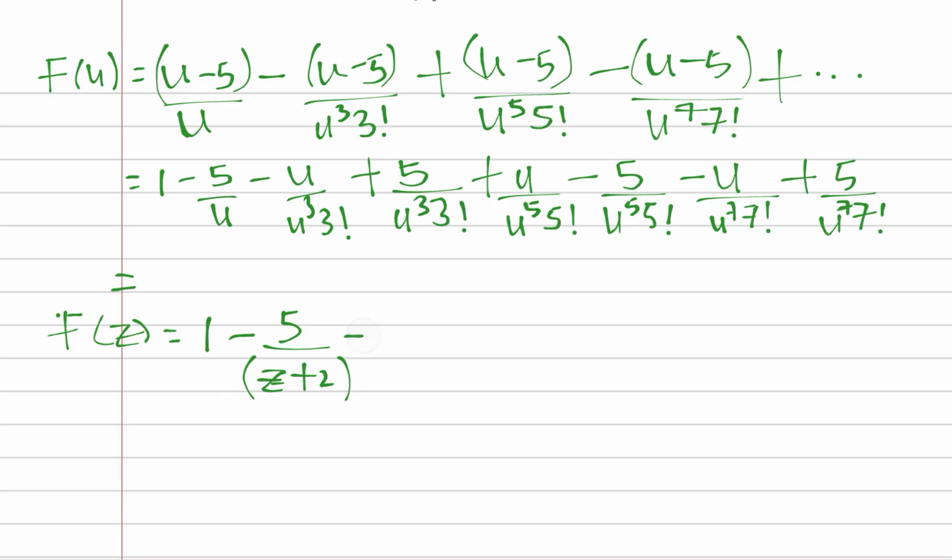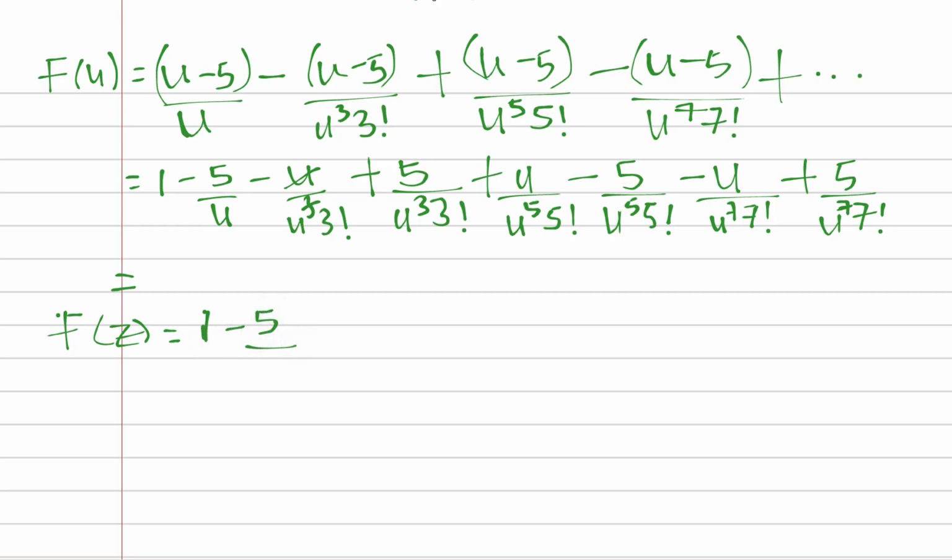Then minus z plus 2 over... You know, I was saying that some things can cancel at that time. Yes, let's check that again, because I see that now as I'm writing my z. u can cancel u here, it will remain power 2. So this is 1 minus 5 over u.